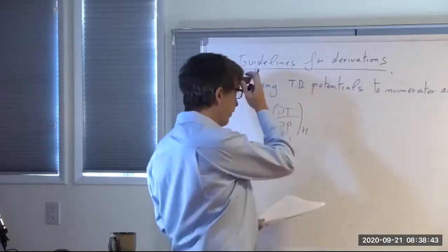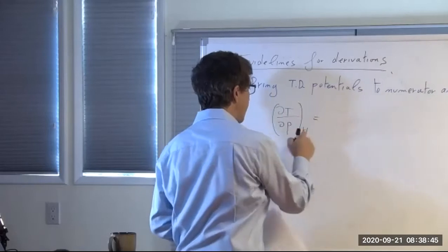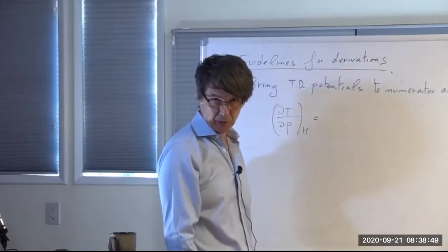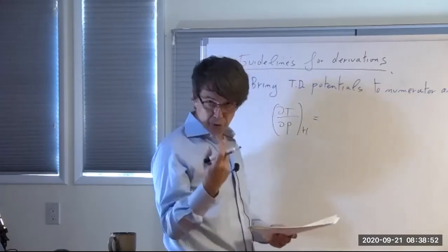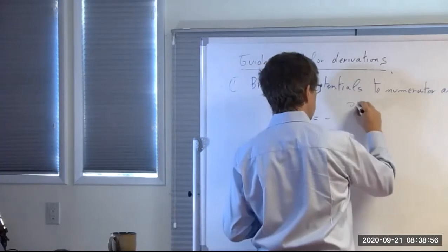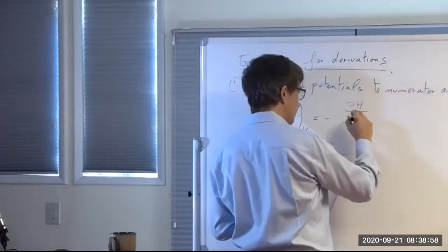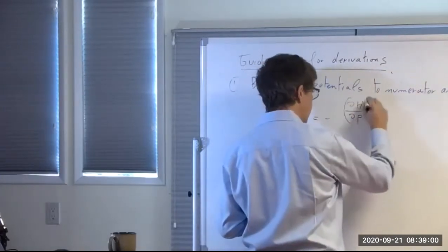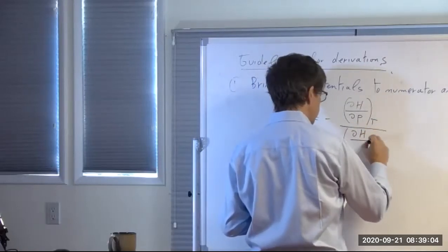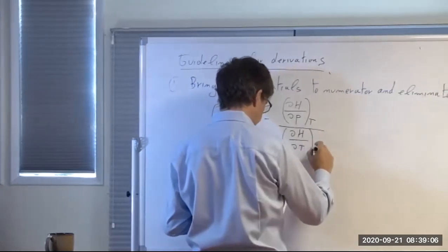So if I follow my own guideline, I want to get rid of H being held constant, because it's not something I can work with. So I bring it to the numerator by using the cyclic rule. So this would be equal to the dH/dP at constant T divided by the dH/dT at constant P.